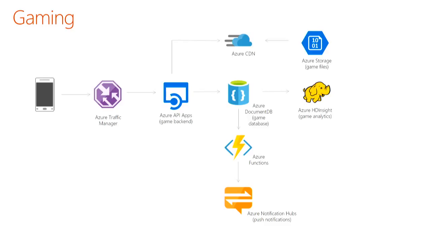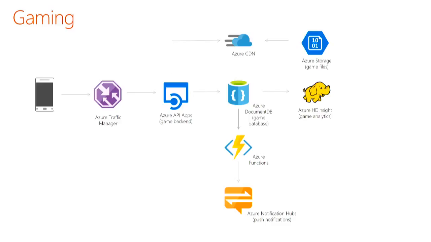When you see certain things, like let's say someone beat my high score and I want to react on that, for DocDB, what they'll do is use Azure Functions, use that change feed, and use that to generate push notifications and tell the user, hey man, your score just got beat. You might want to make sure this doesn't happen.